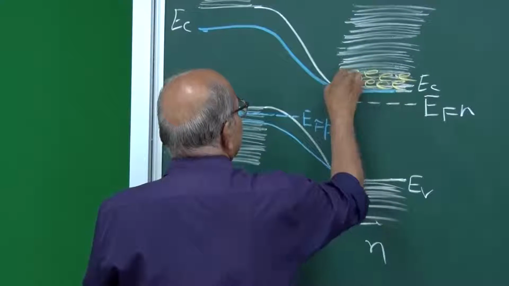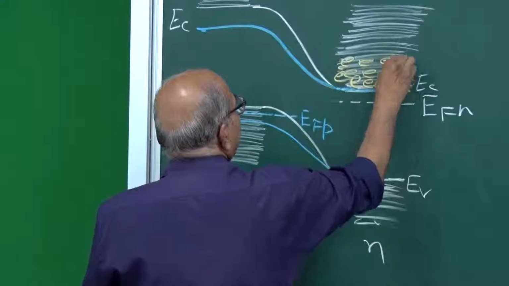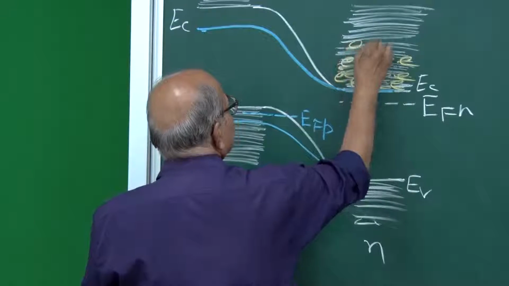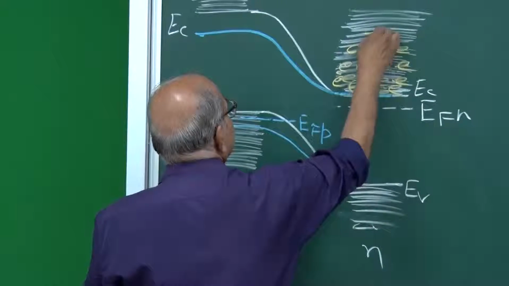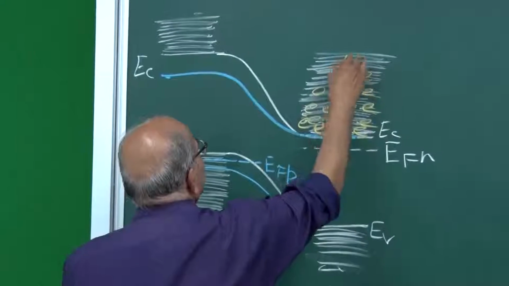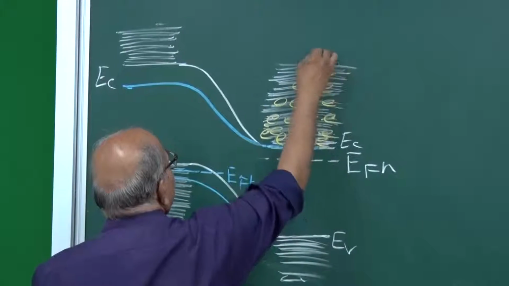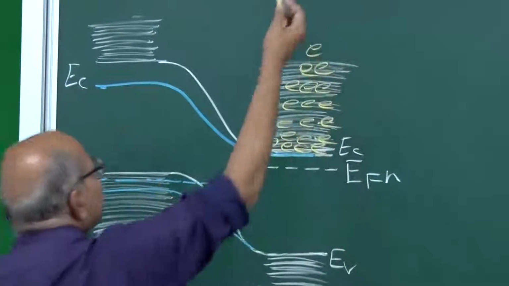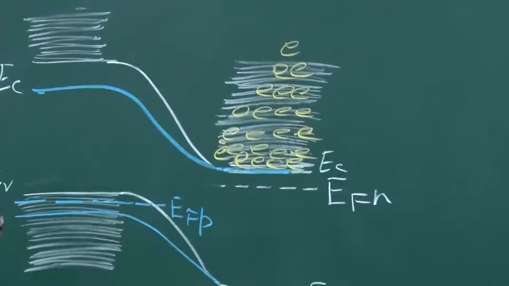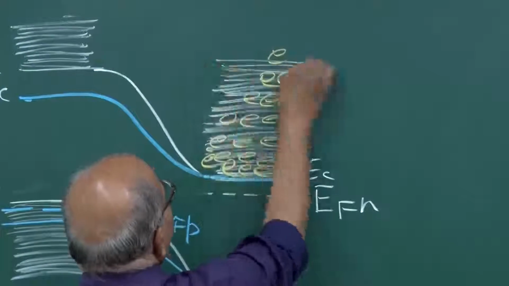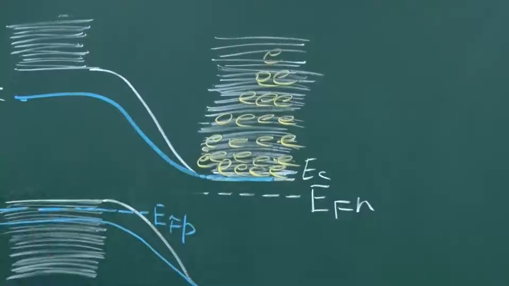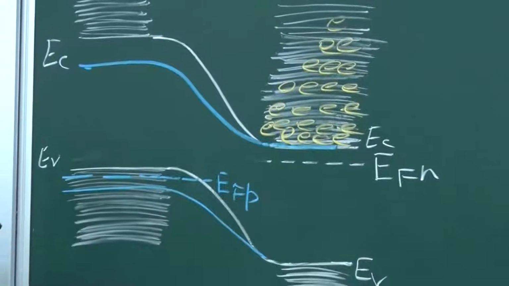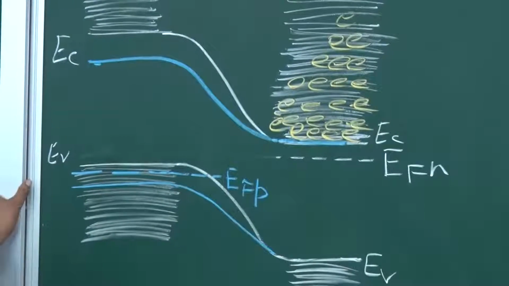Large number of electrons. But as you go up, the number of electrons decreases, and this decrease is also exponential, like that. So earlier, which electrons were able to diffuse?